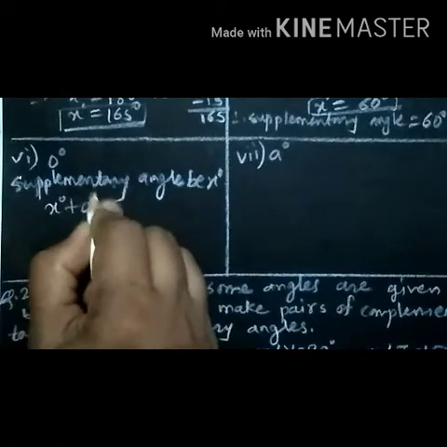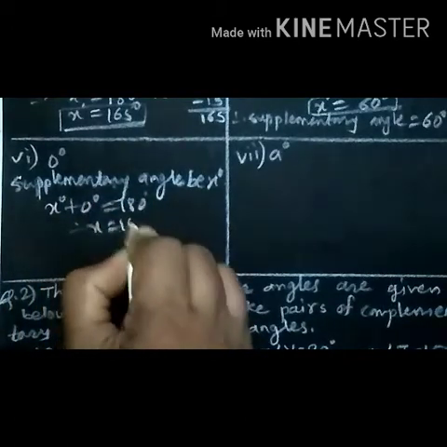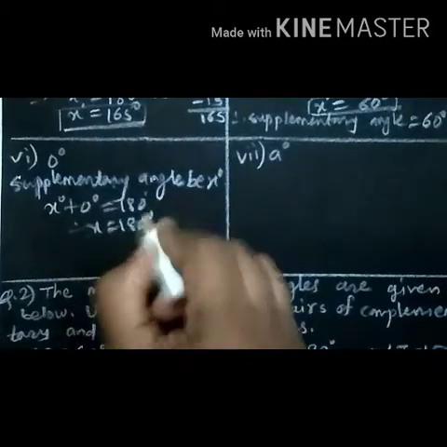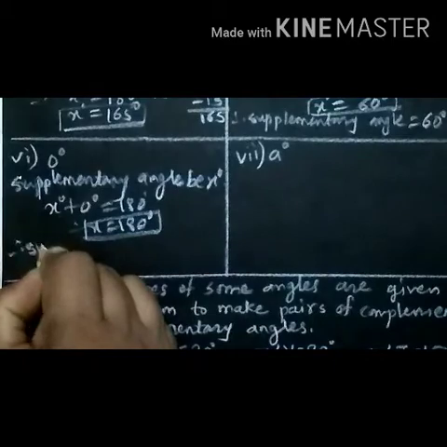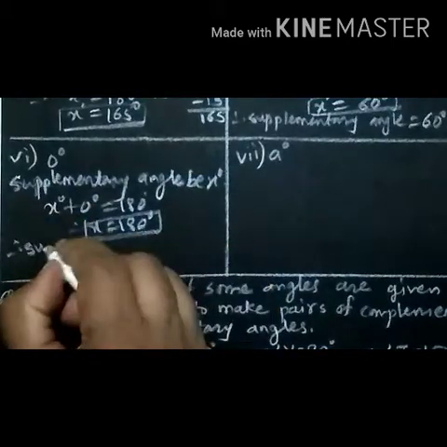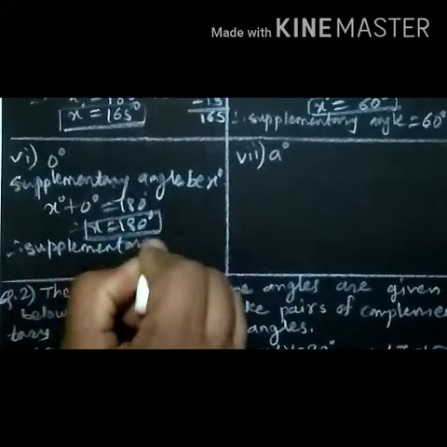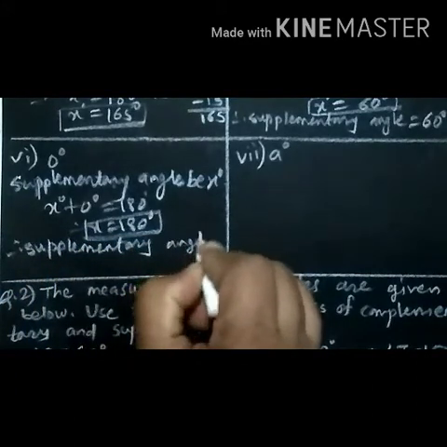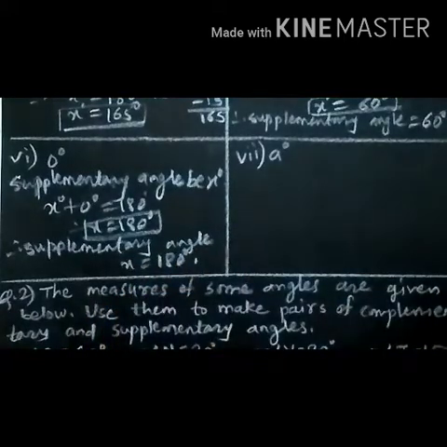Therefore x degree plus 0 degree is equal to 180 degree, and therefore x is equal to 180 minus 0, that is 180 degree. Therefore the measure of the supplement of the angle 0 degree, that is 180 degree, or the supplementary angle, that is x is equal to 180 degree.